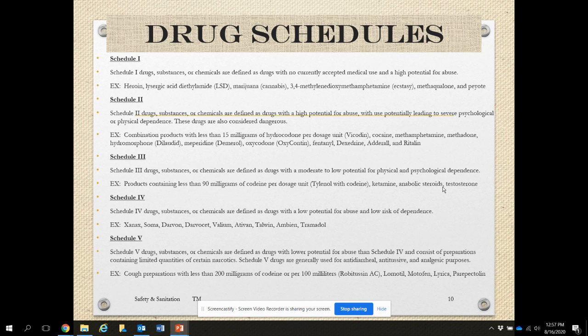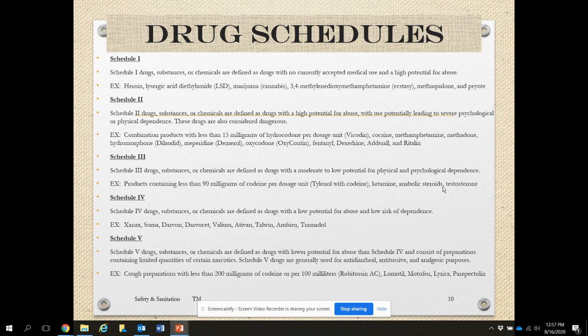Those are drugs like heroin. Marijuana is up there. I know it does now have some acceptable medical use in some states, but they still have it as a Schedule 1 drug. Ecstasy is up there as a drug that has no acceptable medical use and high potential for abuse.